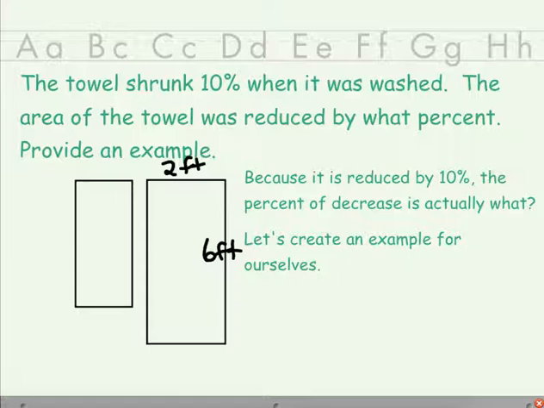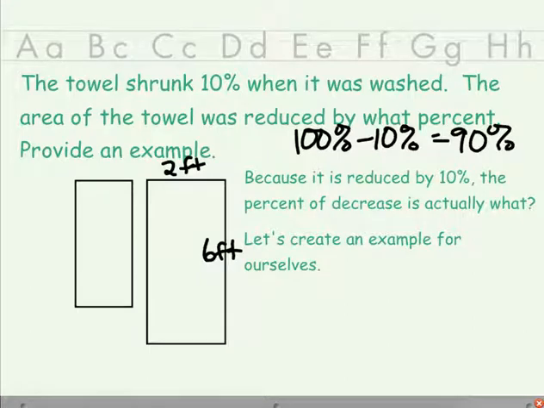So if my side length of 2 feet went down by 10%, that means 100% minus that 10% leaves me 90% remaining, or 0.9 as a scale factor. So 2 times 0.9 is 1.8. We now have 1.8 feet, a little bit smaller. And the 6, we're going to do the same thing. 6 times 0.9 gives me 5.4.